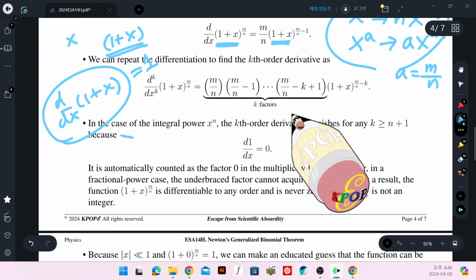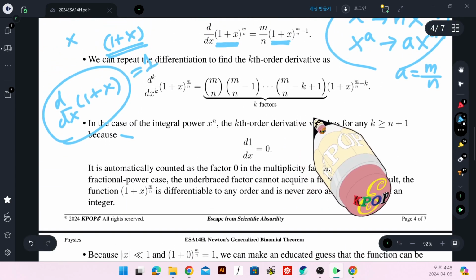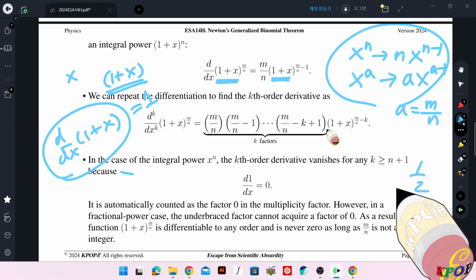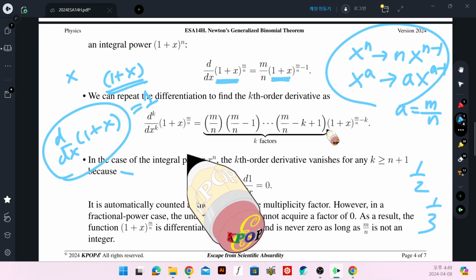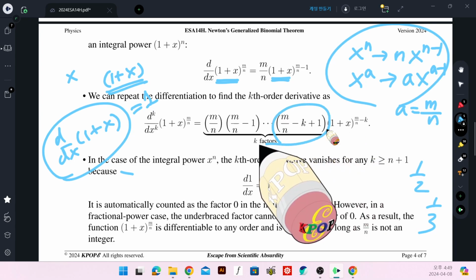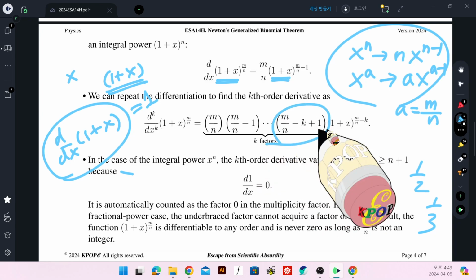However, if it is not an integer, for example a half integer, 1/2, or 1/3, then there is no way to kill the whole factor, because for any k it never becomes 0.